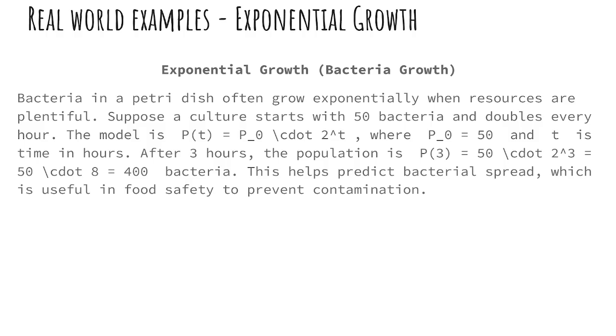T is time in hours. So after 3 hours, the population is P of 3 is equal to 50 times 2 to the third, which is 50 times 8, which is equal to 400. As you see, 2 to the third, 2 times 2 is 4, times 2 is 8. 50 times 8 is 400.